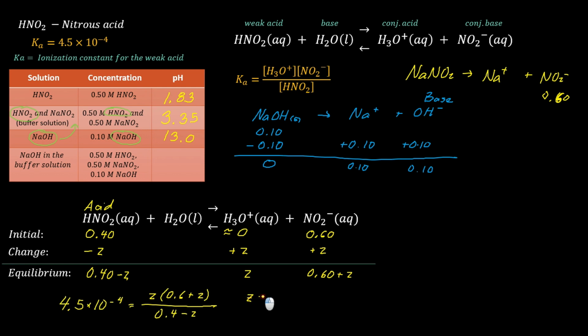Z is going to be 2.996 times 10 raised to negative 4 mole per liter. The value of Z is also the value of the hydronium ion. So here, even if you add 1.0 times 10 raised to negative 7, the initial value of hydronium, it will have less effect on our computation of pH. All you have to do here is to plug in the value of Z.